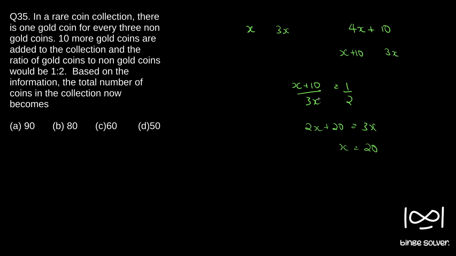So the total number of gold coins now is X plus 10 and 3X non-gold. So X is 20, so X plus 10 becomes 30, and 3 into 20 is 60. So total sum is 90. So correct answer is A. Solution to question 35 is A.